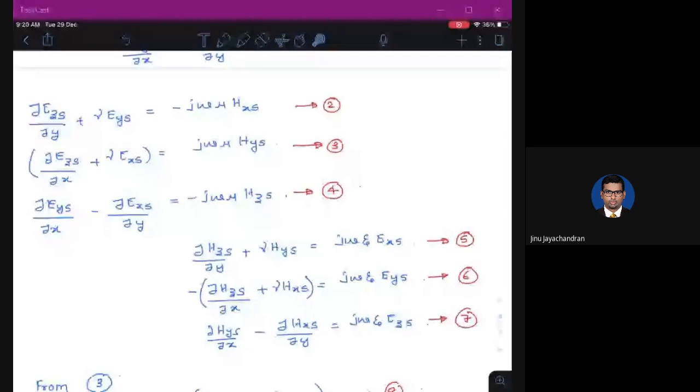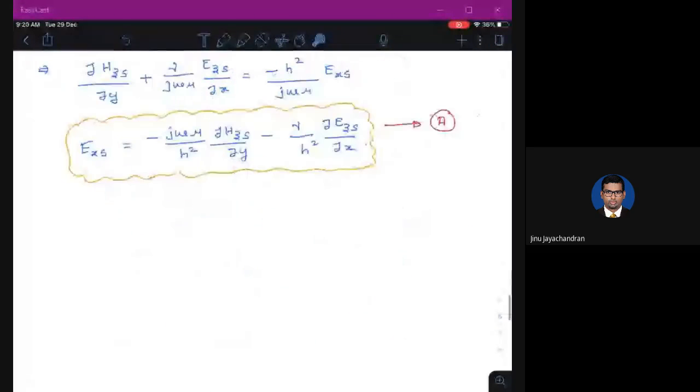So finally, you will be able to get the expression for each of the components which are not in the direction of propagation. That is, Eys is equal to −(γ/h²) ∂Ezs/∂y − (jωμ/h²) ∂Hzs/∂x.